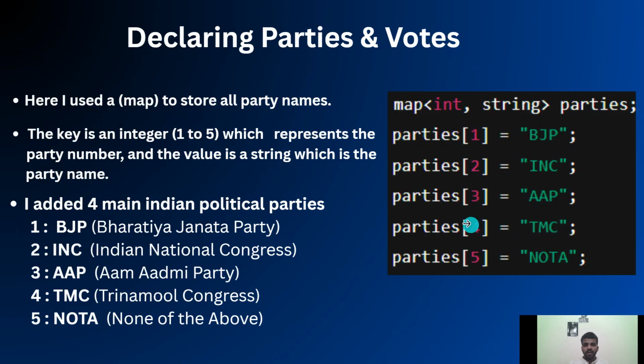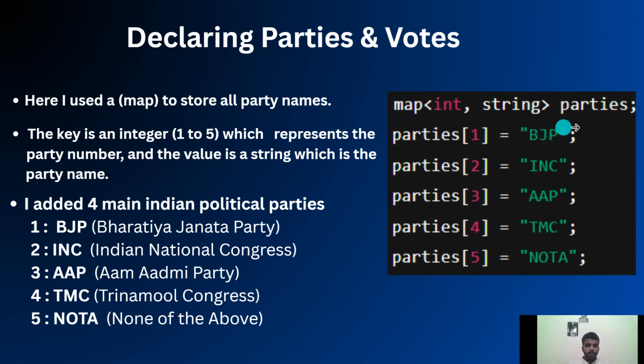I will explain the parties and their IDs. Here I used a map to store all the party names. The map takes an integer and a string. The key is an integer from 1 to 5, which represents the party numbers, and the value is a string, which is the party name.